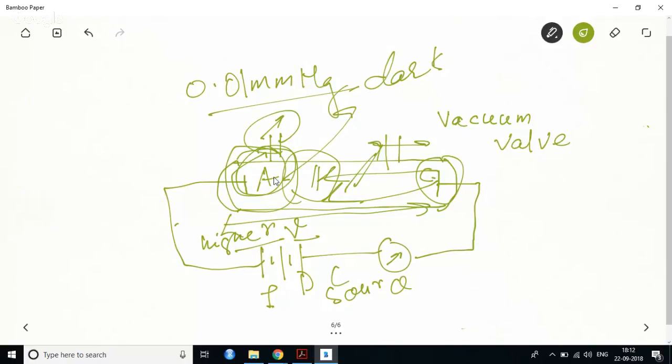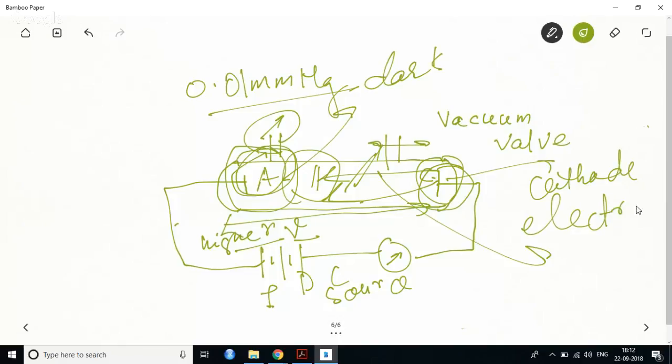This phenomenon of flow of free electrons was later found by a scientist called J.J. Thomson, that the particles coming out of the cathode are nothing but electrons, and he gave the e by m ratio.